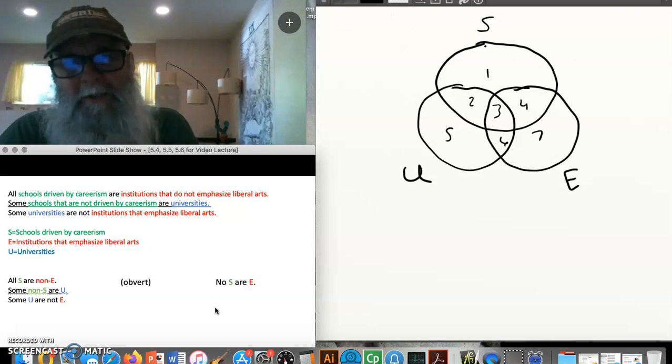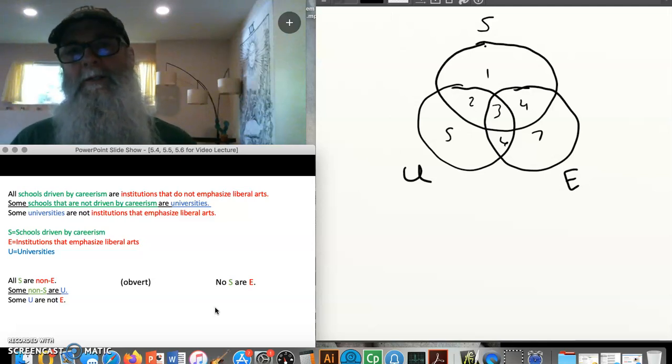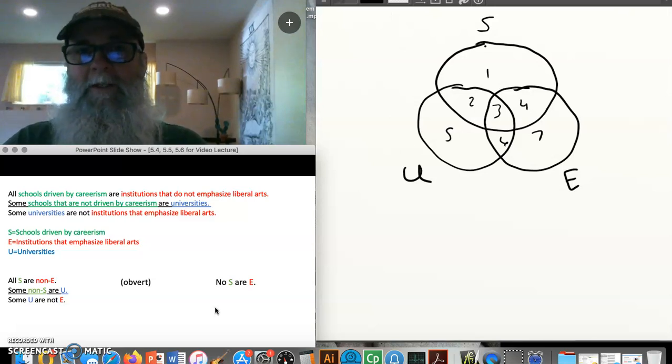And I'm not allowed to contrapose I claims, so that rule doesn't even apply here. So what I want you to do is pause the video and think about whether there is a way to either convert and obvert this, or obvert and convert this, that allows you to get rid of that non-S. And then when you figure that out, go ahead and restart the video.